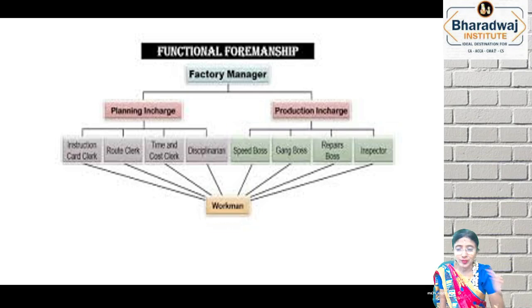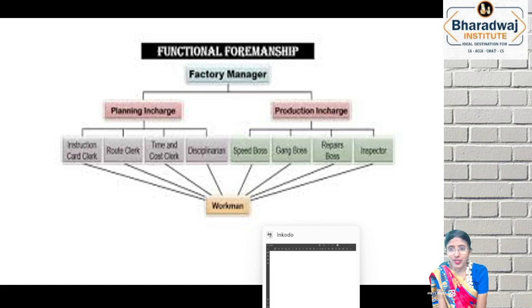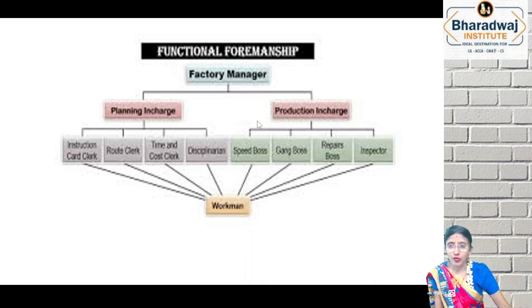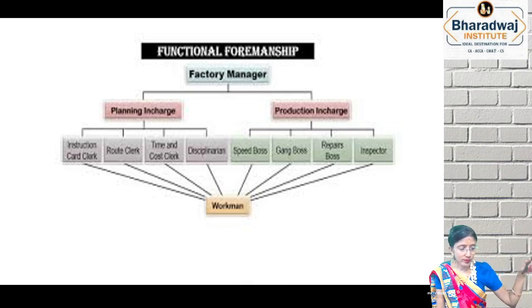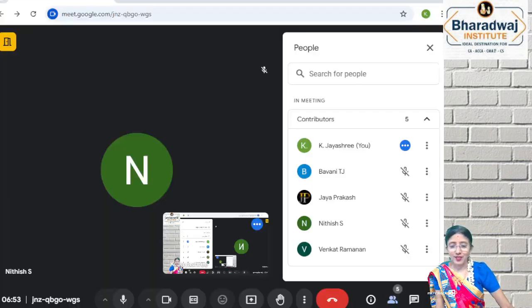Does he come under office or does he come under implementation? What was the question? Disciplinarian, does he come under office, true or false? It's true, I think. True, you think? Okay, we will see. Okay, I will show you the answers, don't worry.